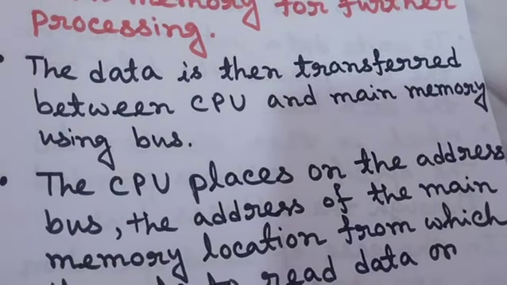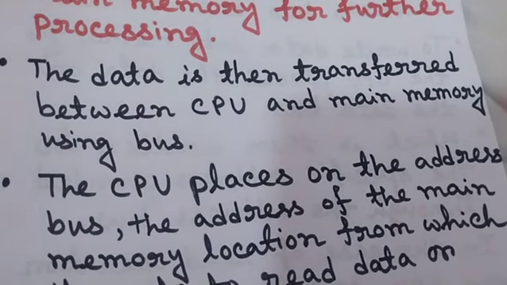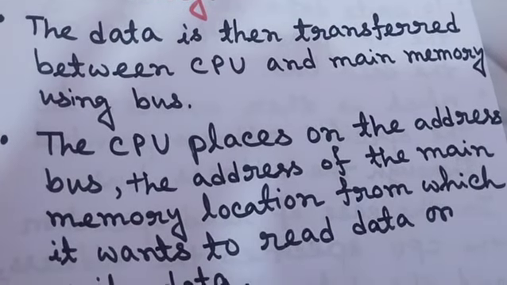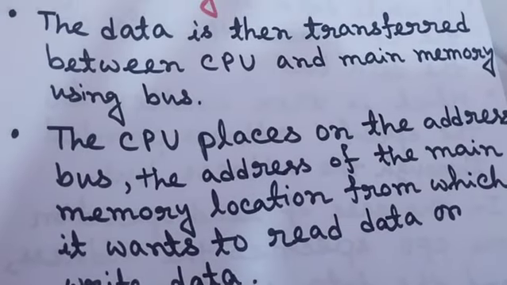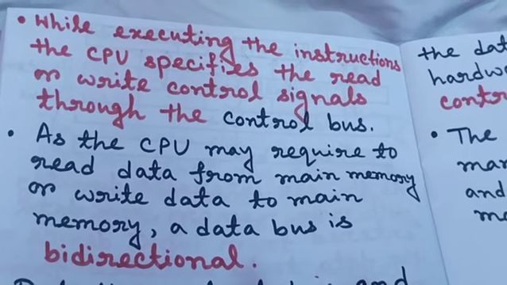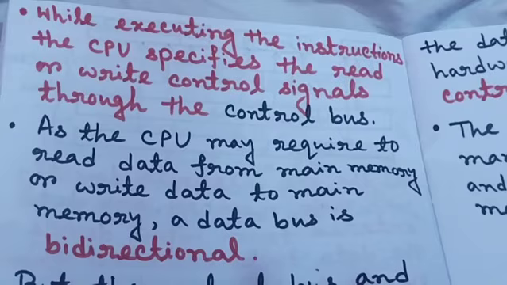The CPU places on the address bus the address of the main memory location from which it wants to read data or write data. While executing the instructions, the CPU specifies the read or write control signals through the control bus.